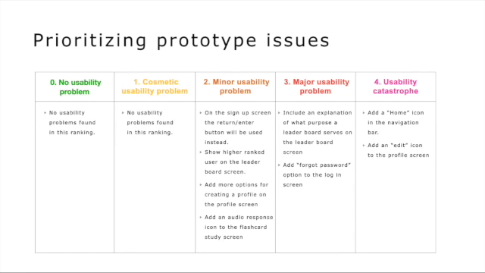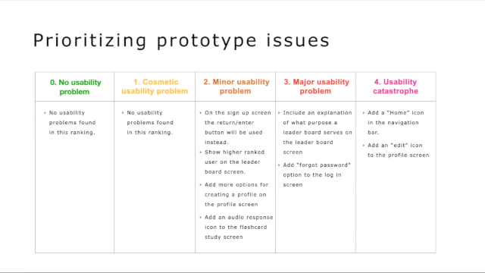Prioritizing prototype issues. Ranking 0 to 4. This ranking helps to organize and define the plan of action in solving usability problems. In each ranking on the table here, we've stated the actions needed for improvement. 0. No usability problems found in this ranking. 1. Cosmetic usability problem.